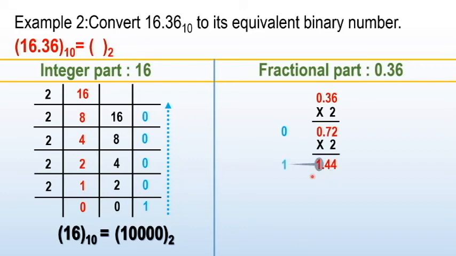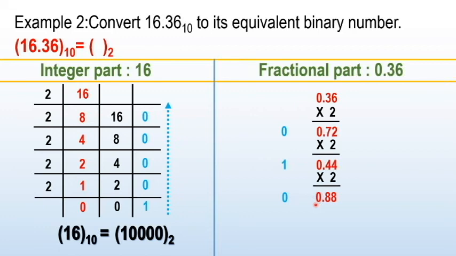So we will note down this integer part and multiply this fractional part by 2 again. So 0.44 multiplied by 2 is 0.88. This is the integer part, this is the fractional part. We will note down this integer part. Now you can go further, multiply one more time, that is up to you, but I'm stopping here.